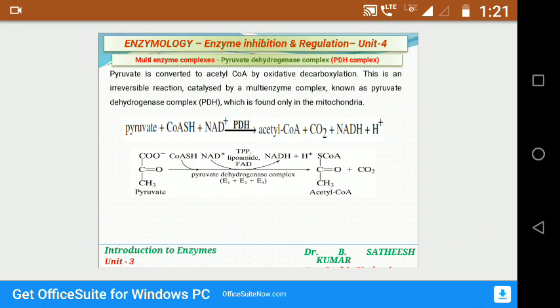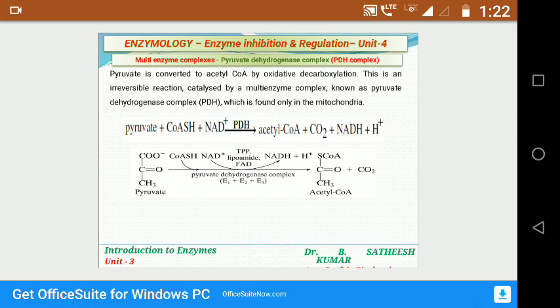That means they will have more than one activity and can bind more than one substrate and carry out a complex reaction. Those kinds of enzymes are called multi-enzyme complexes. One particular example of a multi-enzyme complex is the PDH, pyruvate dehydrogenase complex, which converts pyruvate to acetyl CoA.